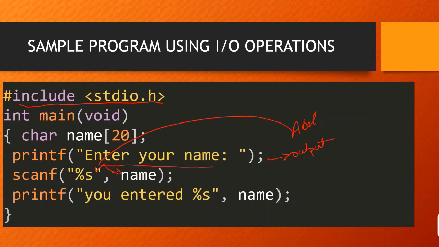The program will go to the location name and take the value from that address. So it will show the output: you entered Abel. This will be the output of the program. This is the basic concept of input-output.